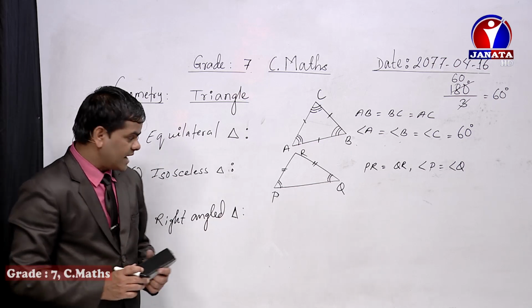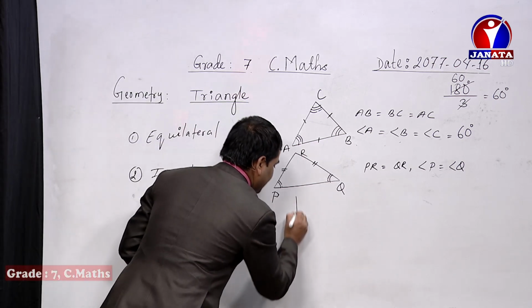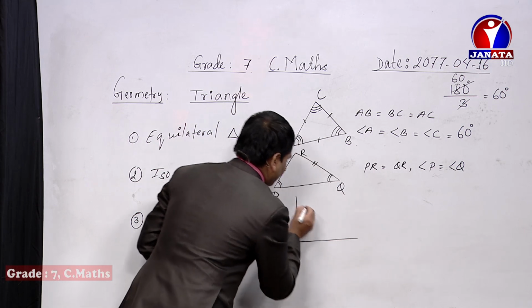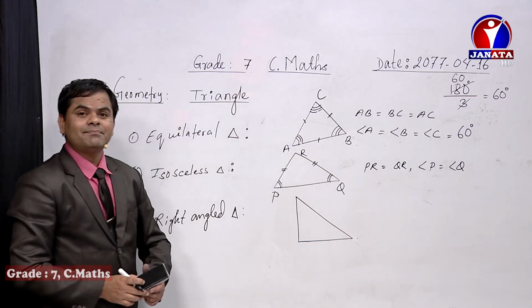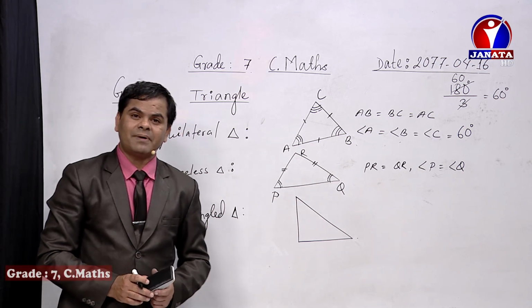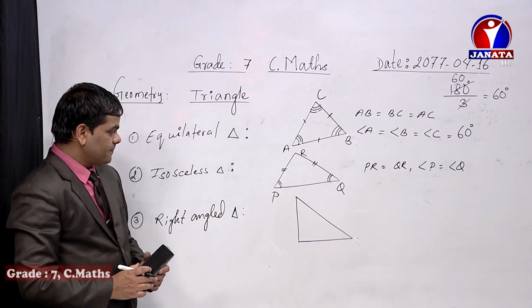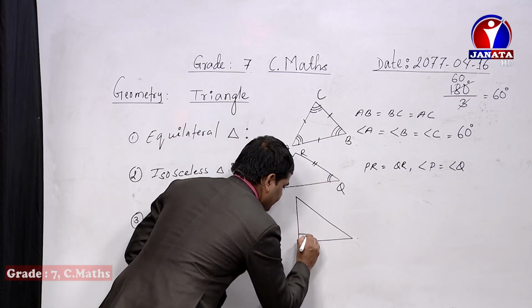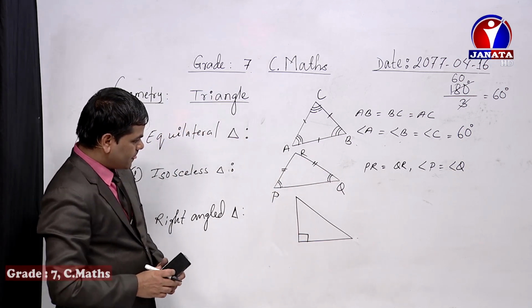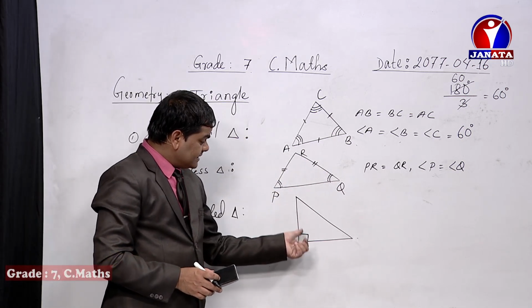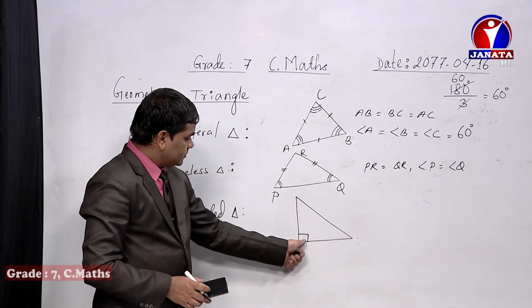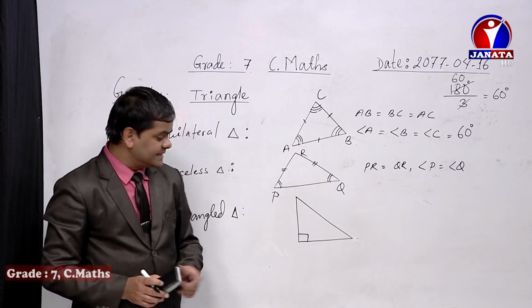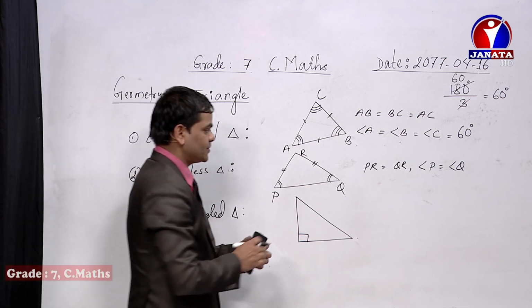So if we want to make a right angle triangle, dear student, one line will be perpendicular, totally being an altitude to another side, in this way. That means in this case the two angles are unknown, but the third angle is known as 90 degrees.